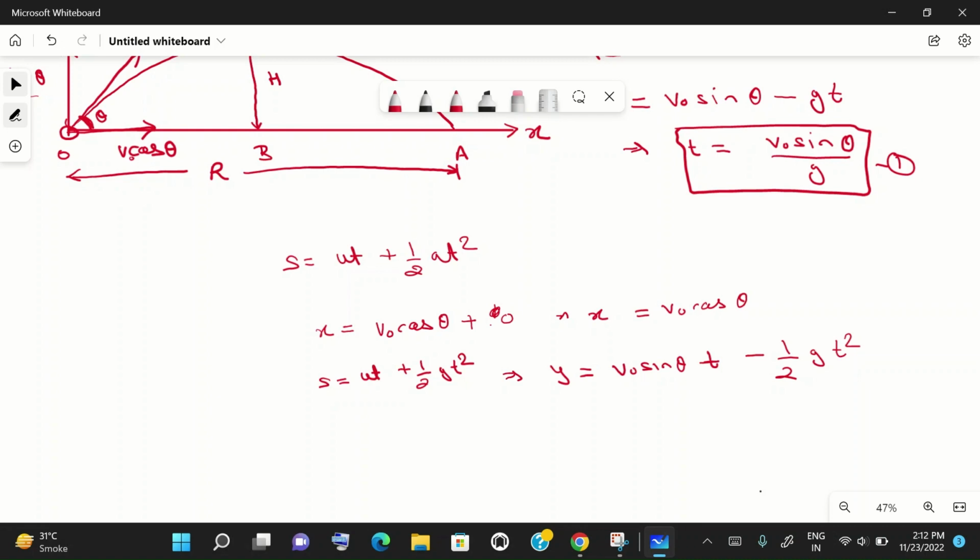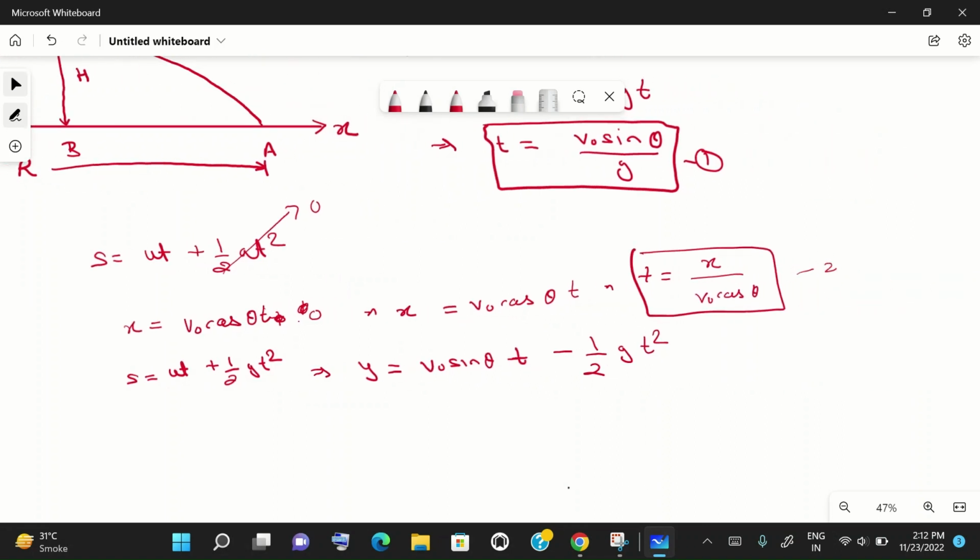And here we have derived x is equal to v naught cos theta into t, since in v is equal to u plus at the acceleration component is 0. So t is x upon v naught cos theta. This is equation number 2, and this is equation number 3.